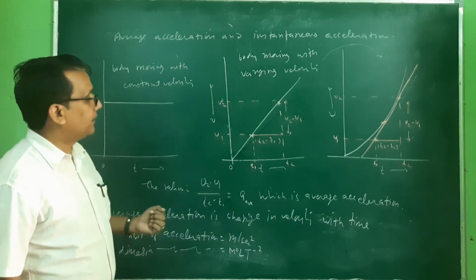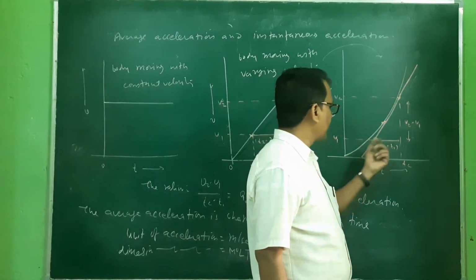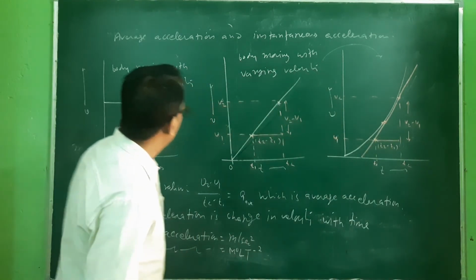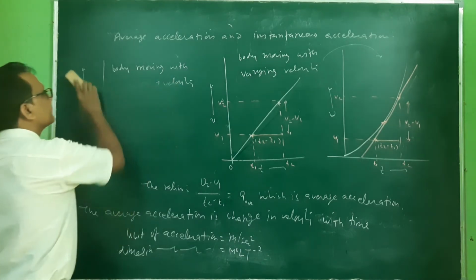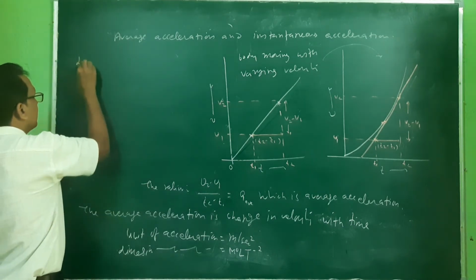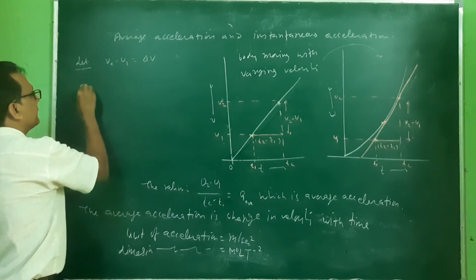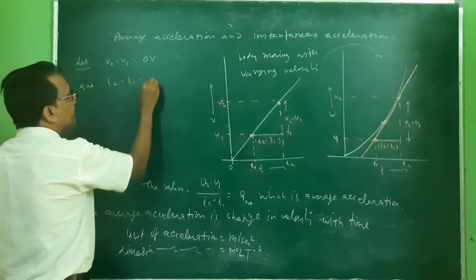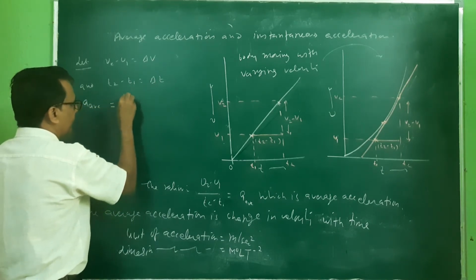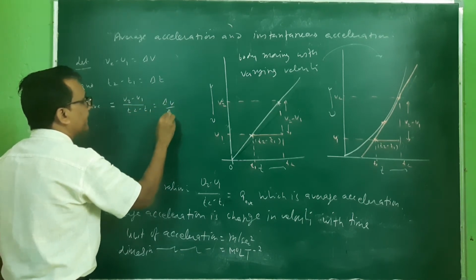And now let's again use the same process to reduce this time period. So let v2 minus v1 be represented by delta v, and t2 minus t1 be represented by delta t. Then average acceleration is defined as v2 minus v1 by t2 minus t1, and this is equal to delta v by delta t.